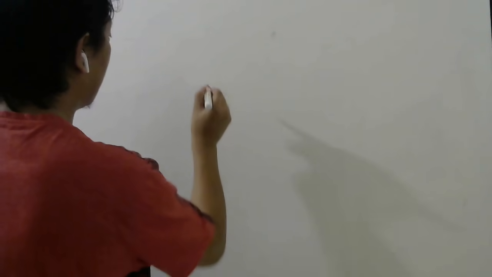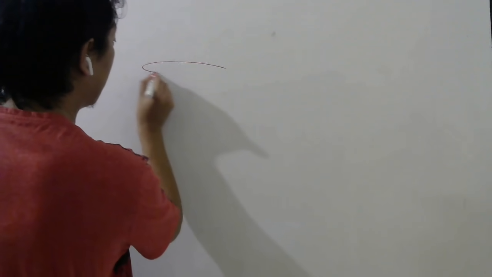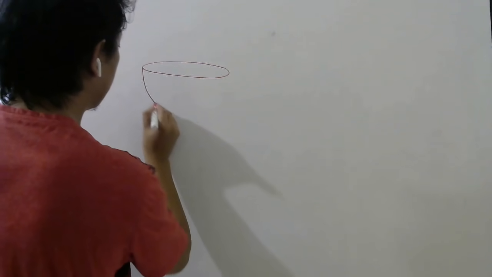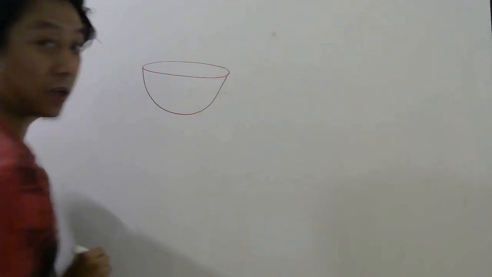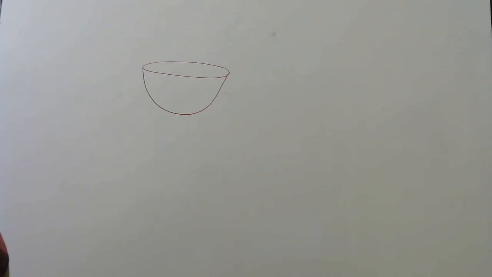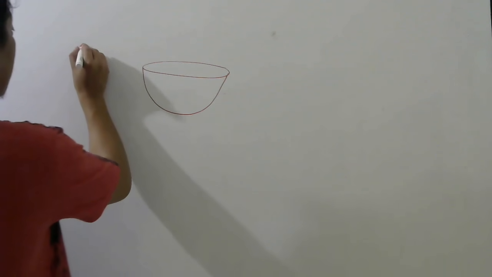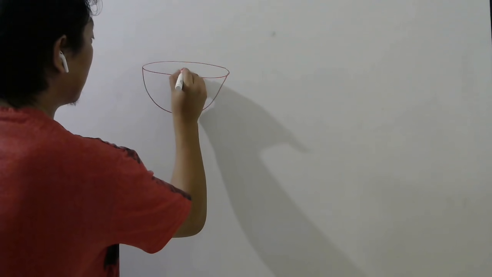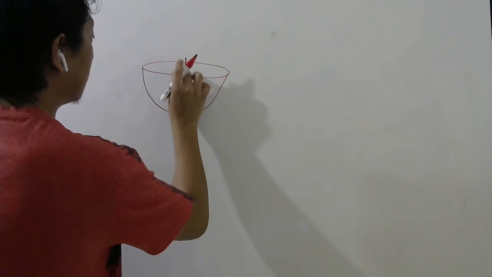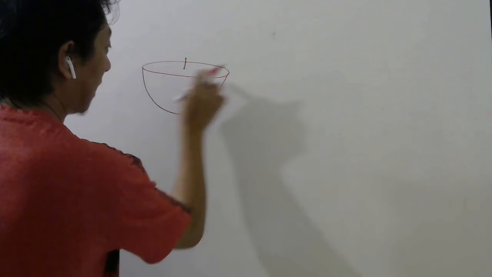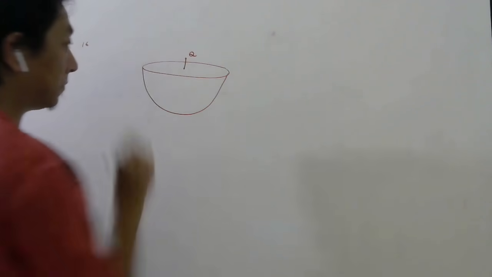So what they are saying is there is a hemisphere like this. This is your hemisphere, okay? And this is question number 16. They have kept a charge slightly above this center of this flat surface here, Q.